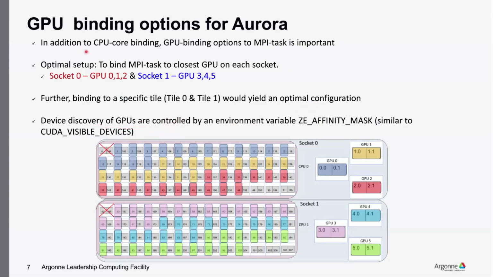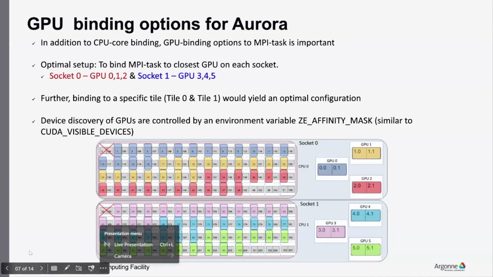Now, in terms of how you bind the GPUs, the main way to do this is you want to bind the GPUs to the same socket that your ranks are bound on. So for socket 0, you want to bind GPU 0, 1, and 2, and for socket 1, you want to bind 3, 4, and 5.